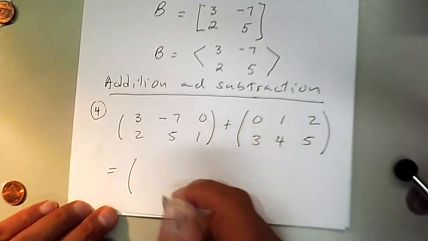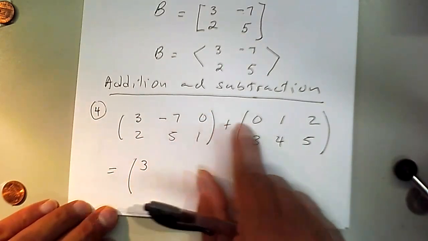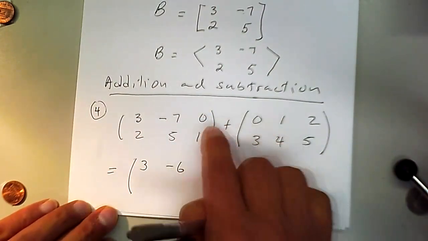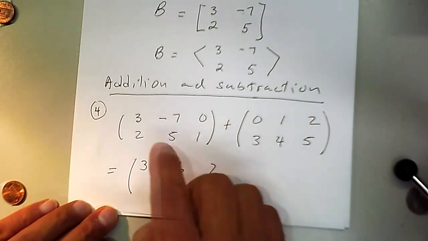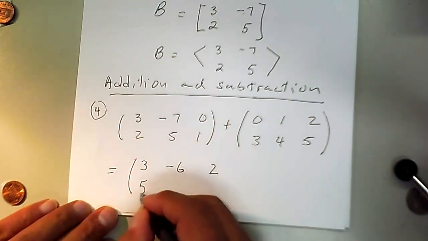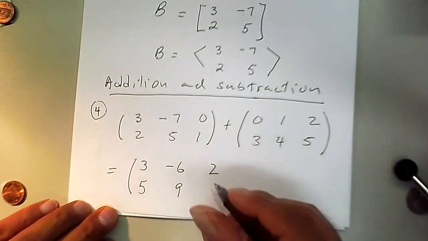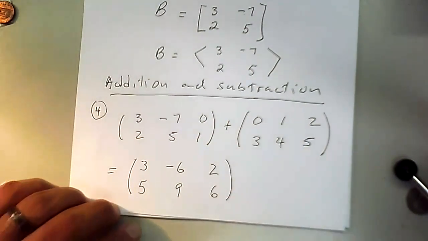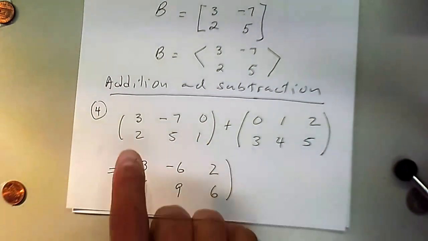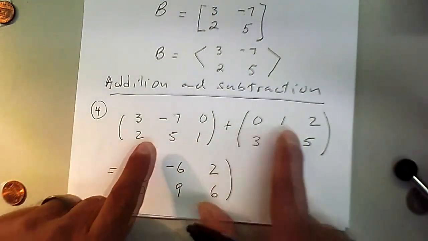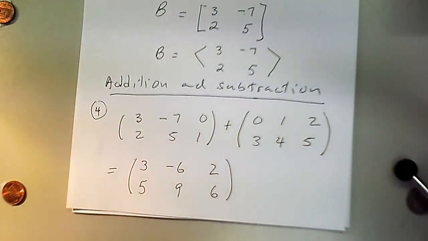So 3 plus 0 is 3, -7 plus 1 is -6, 0 plus 2 is 2, 2 plus 3 is 5, 5 plus 4 is 9, 1 plus 5 is 6. And that's the end of it. There's not much drama to it. All you have to do is keep track of what you're adding together, and then you're done. So adding is very, very straightforward.